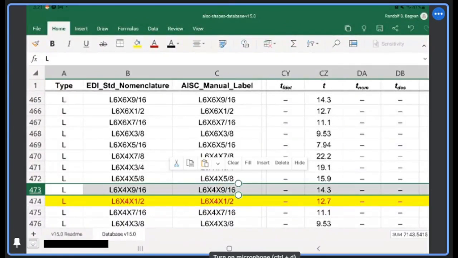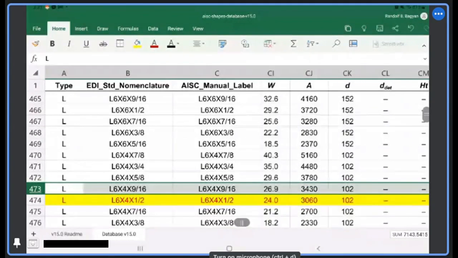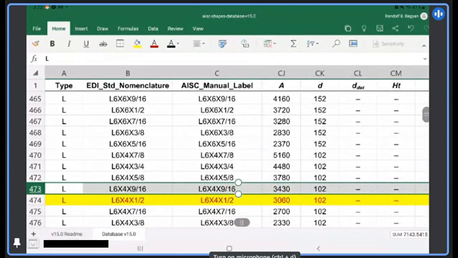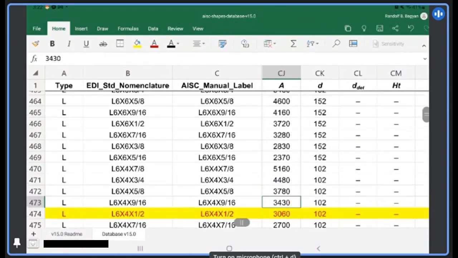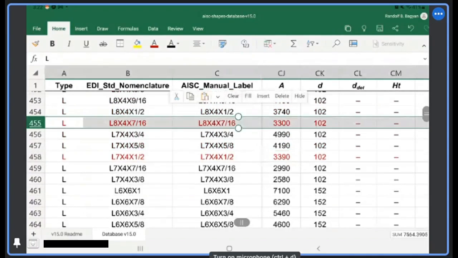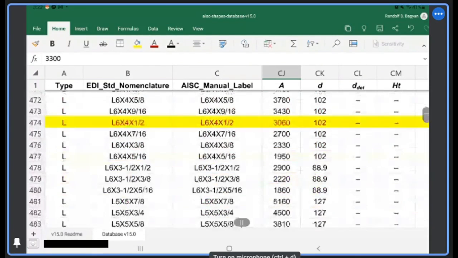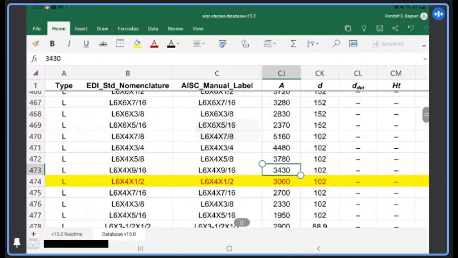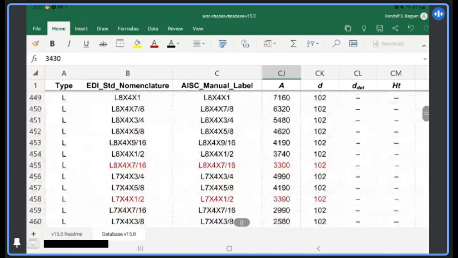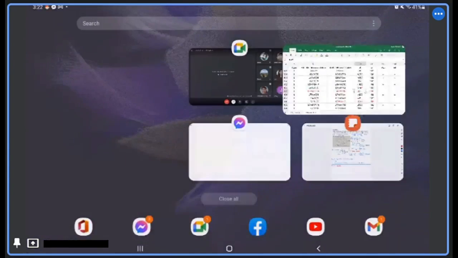What about this? L6 by 4 by 9/16. The net area is 3,430 na agad guys. So, if we compare it to those nakita natin kanina na ito 3,390, ito 8 by 4, 3,300. So, kaya sabihin natin yung 6 by 4 by 9/16, which is 3,430. Let's just check first for this. Mas maliit. 3,300. L8 by 4 by 7/16. Trial.